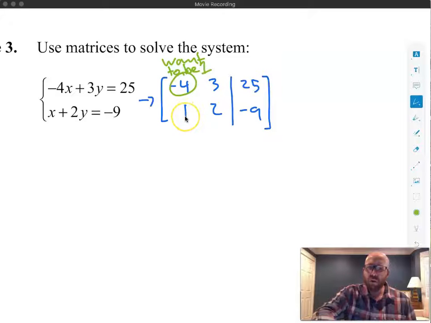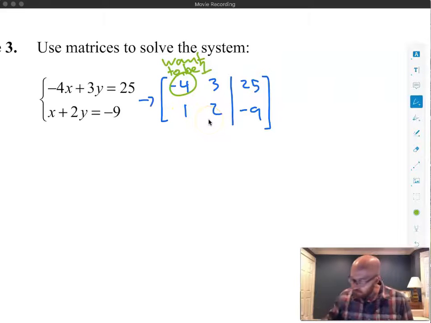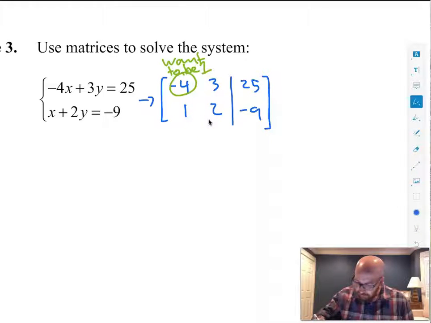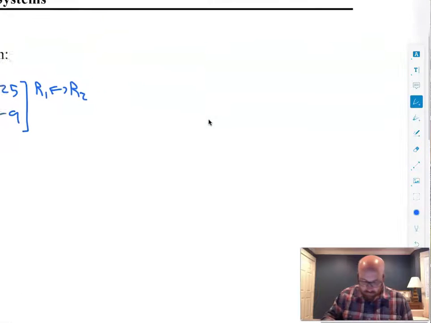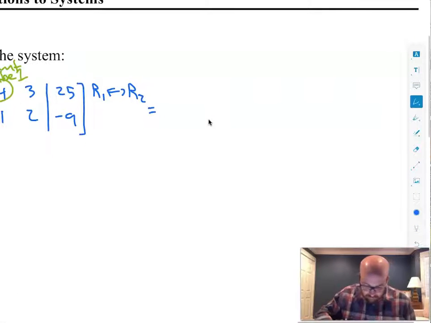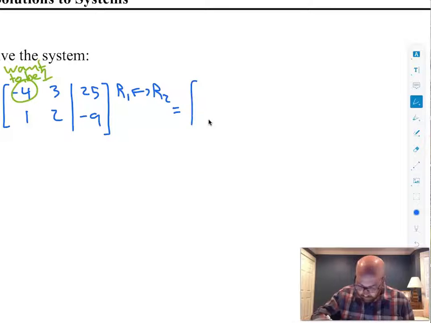I see a 1 right here. So what if we were just to swap these two rows? Then that would get what we want. We want this first element in row 1 to be a 1. Well, what if we just swap the rows? So let's take row 1 and swap it with row 2. That's going to give us 1, 2 equals negative 9.